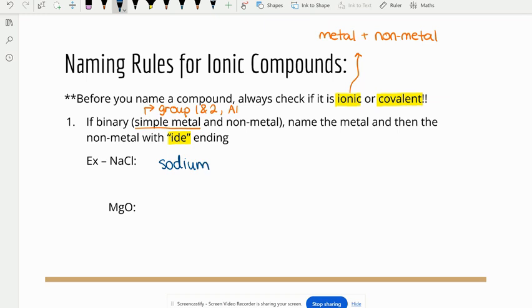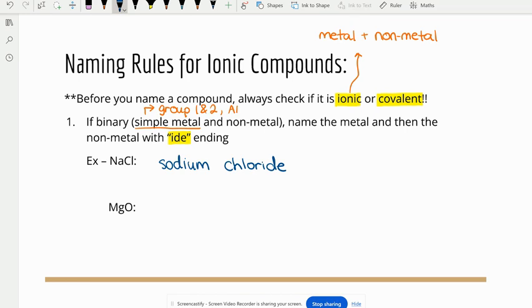Cl. I want you to find that in your periodic table. It should be in the non-metal section, probably group 17. It's chlorine. But instead of chlorine, I do the "-ide" ending. So we will write chloride. And that's it. Nothing much to think about. Pretty simple.